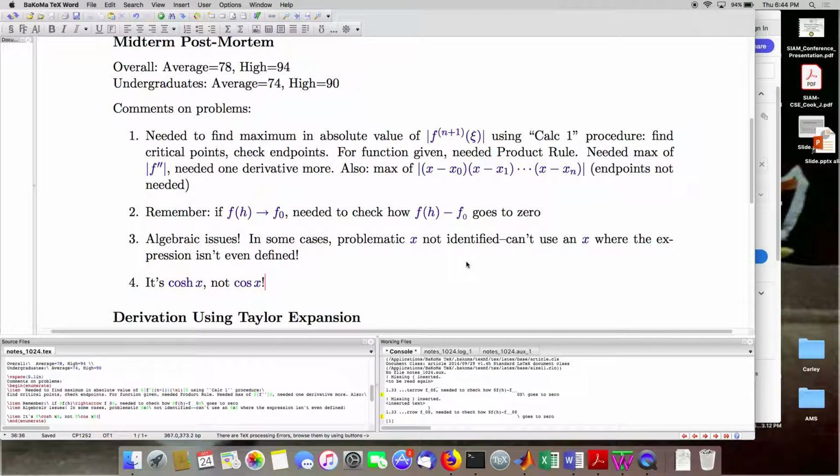For the most part, everybody was forming the Lagrange polynomials correctly, so that's good. But then putting y values in there, sometimes the y values were left out altogether, or something very strange was put down there. Also, not taking derivatives correctly.